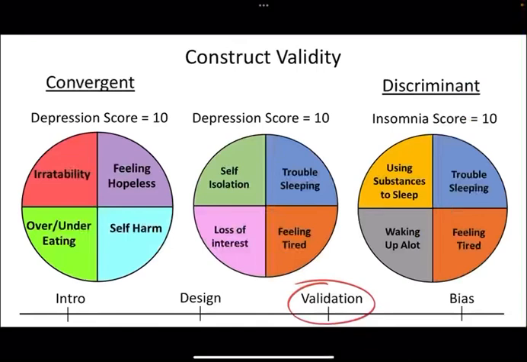But basically we're hoping that they're going to disagree to some extent, because not everyone who is depressed has insomnia, not everyone with insomnia is depressed necessarily. So for convergent validity, we want our scale to agree with the one on the left, and with discriminant validity, we want our scale to disagree to some extent with the one on the right.